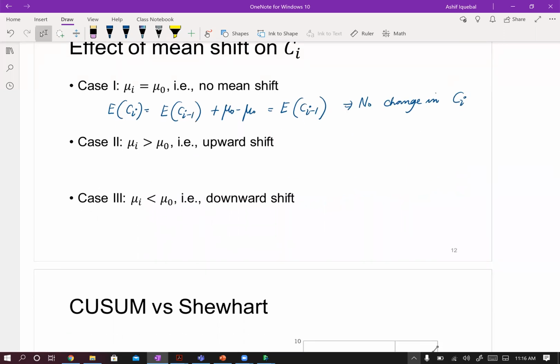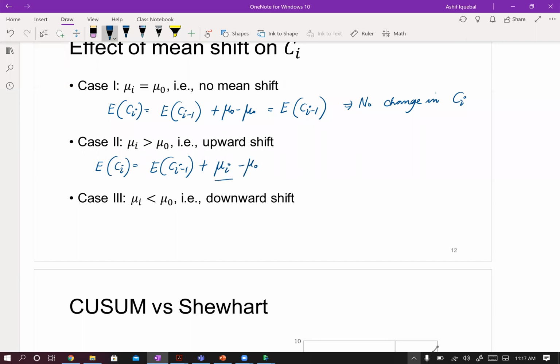Now, the second case is your current mean, which is mu I, can be greater than mu naught, right? This is the case when there is an upward shift, the mean increases, right? In this case, expected value of Ci is equal to expected value of Ci minus 1 plus mu I minus mu naught.